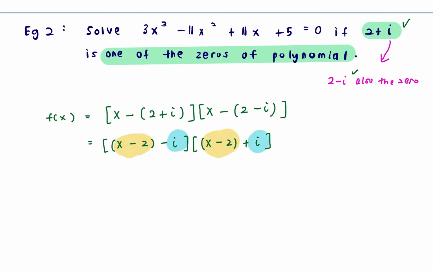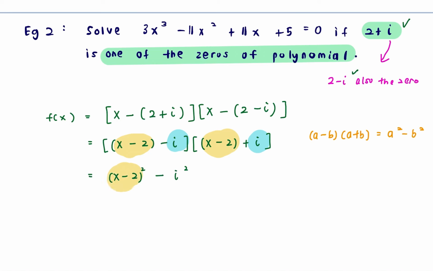So you are using the same formula just now, which is a minus b times a plus b is equal to a squared minus b squared. Okay. So your a right now is x minus 2. So you have (x minus 2) squared minus your b, which is i, minus of i squared. Okay.